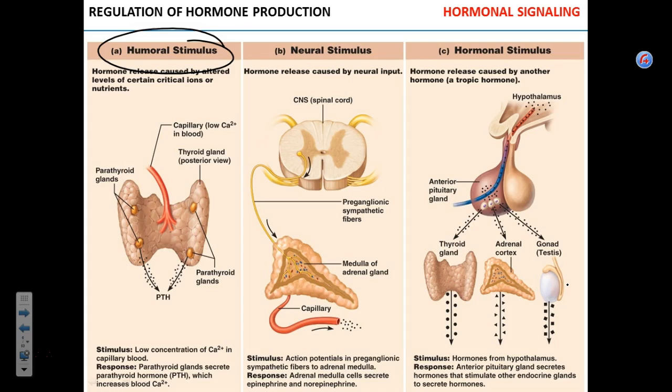High or low glucose. High or low amino acids. Different changes in your ion concentrations. Whether you just ate a salty meal or you dehydrated. Make sense? It's all humoral changes.